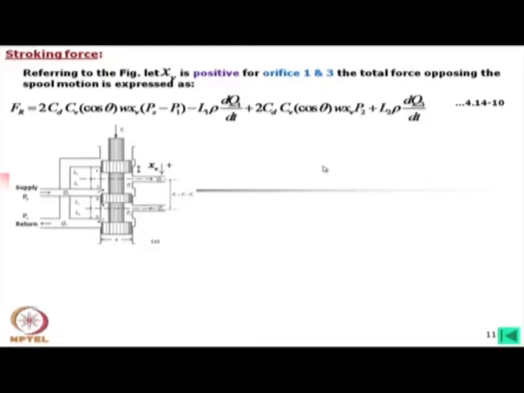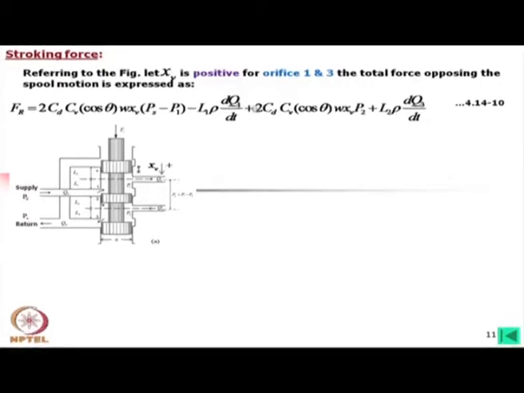So you should carefully look at this equation, consider the earlier equations we have derived, take the damping length, and with this damping length look at the direction of the flow. We showed this for one port, and now this is for two ports.